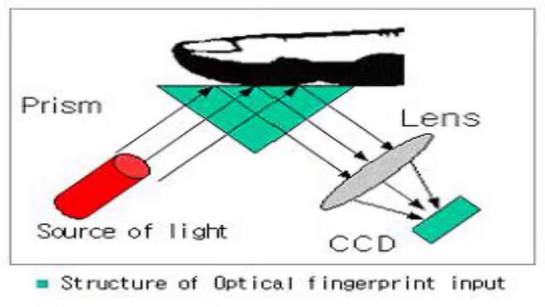Also, it is possible for the outer layer of skin to erode to the point where the fingerprint is no longer visible, and it can be easily fooled by an image of a fingerprint if not coupled with a live finger detector.